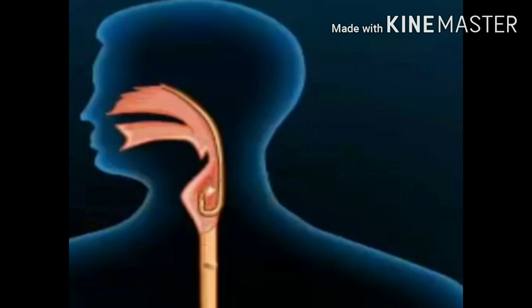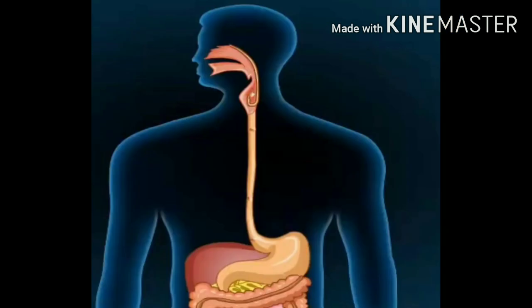The swallowing mechanism guides the masticated food through the pharynx into a tube called the esophagus. The esophagus is a muscular tubular part of the alimentary canal. The muscular walls of the esophagus move in a rhythmic wave-like manner which carries the food down to the stomach. This muscular movement is called peristalsis.